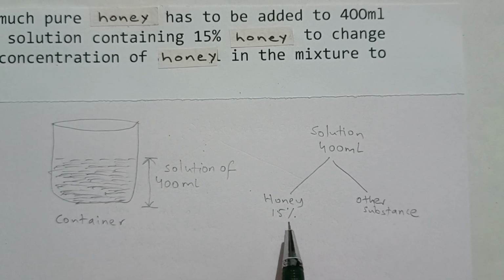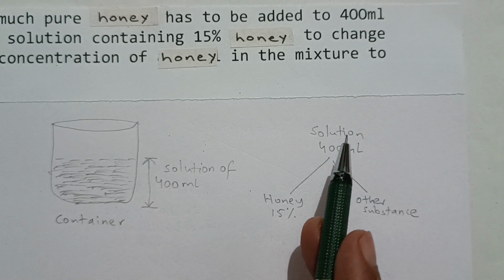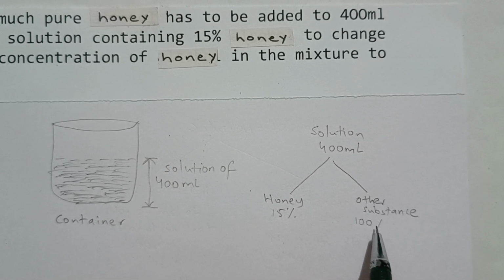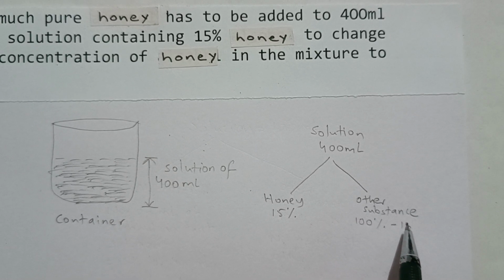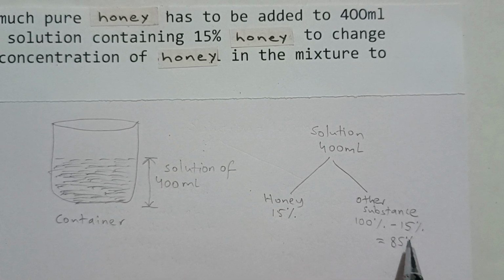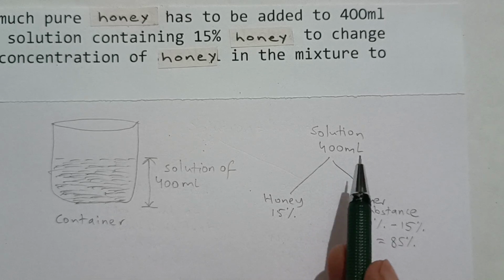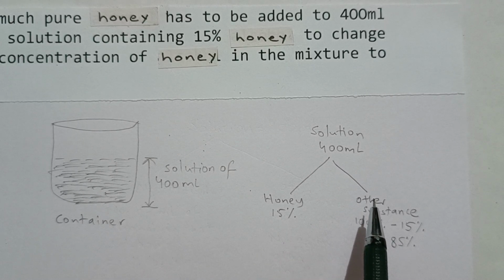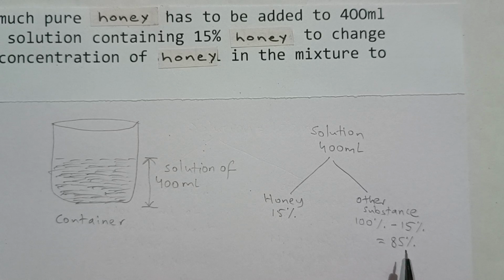So if the honey content is 15% in this solution, the other substance will be 100% minus 15%, and that is 85%. So in this solution of 400 milliliters, the honey content is 15% and the other substance content is 85%.